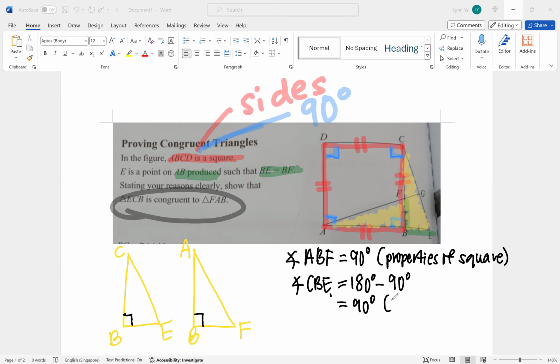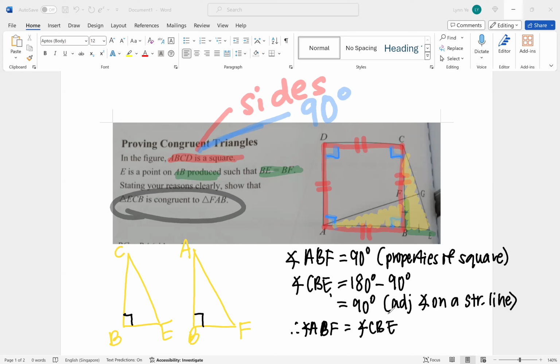Yes, adjacent angles on a straight line. So with that, I can now say that angle ABF is equal to angle CBE. Right?